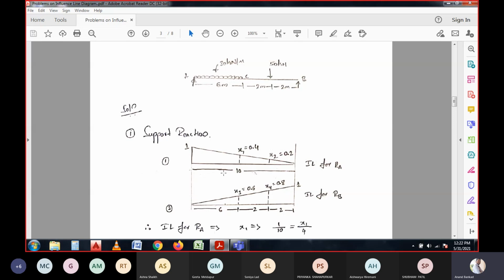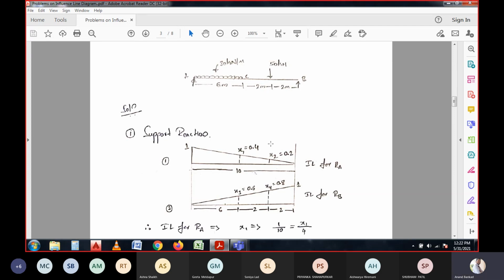In this problem, to calculate the support reactions, we need to consider the support reaction for A. The diagram is like this. We know the diagram for calculating the particular support reactions. Here we have a section C, and another point load acting 2 meter from the right support, that is B, right?